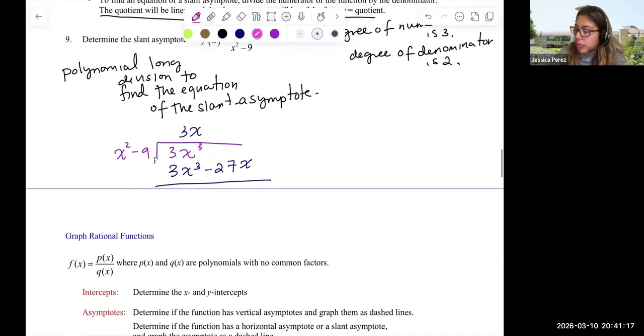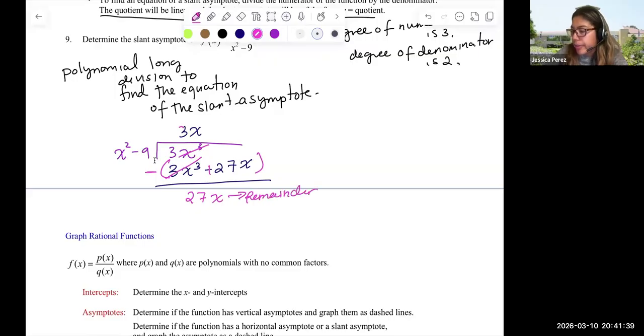Then you have to put parentheses and a negative that you're going to distribute. So this is a negative and that becomes a plus. So this will cancel. You'll have a remainder of positive 27x. How many times does x squared go into 27x? You don't. So this 27x becomes your remainder.